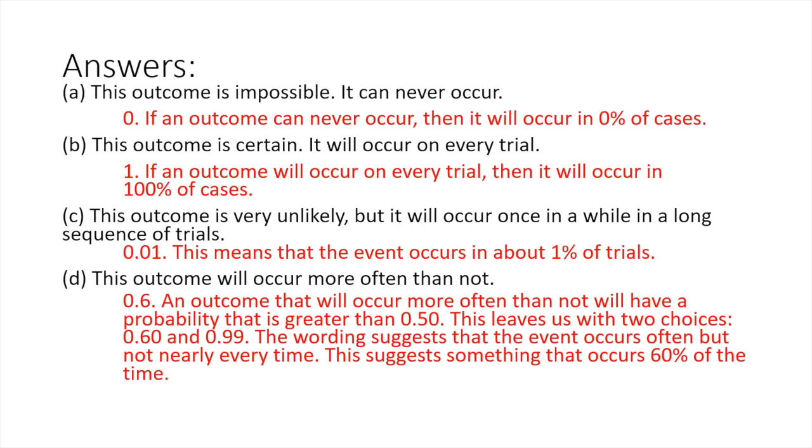The best answer is going to be 0.6 because that's 60% of the time, which is definitely more often than not, but not almost all the time, which would be basically what 0.99 would represent. That would be about 99% of the time, which means almost every single time. And just based on the wording of the question, the 0.6 or 60% would be a better answer.